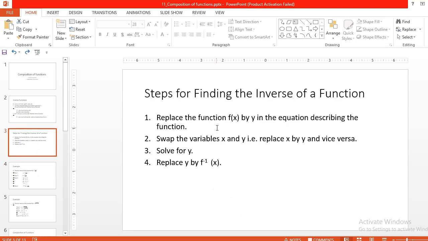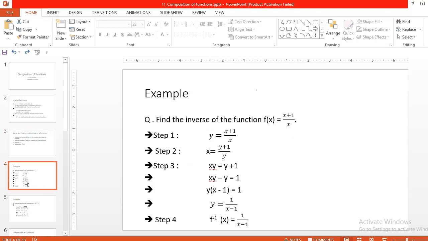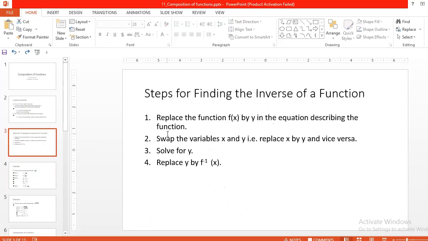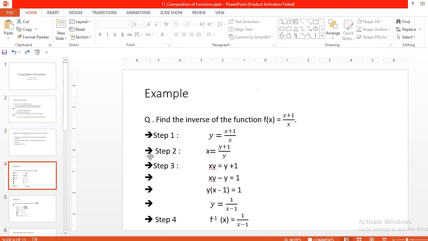Replace f of x by y, so y equals (x plus 1) divided by x. What is the next step? Swap the variables x and y, that is, replace x by y and y by x.